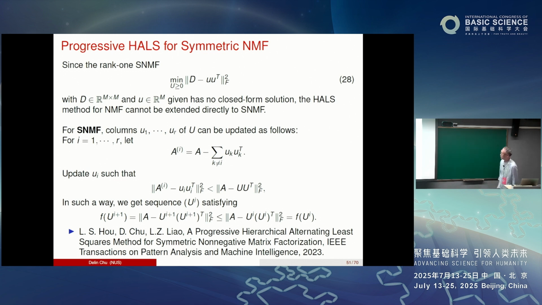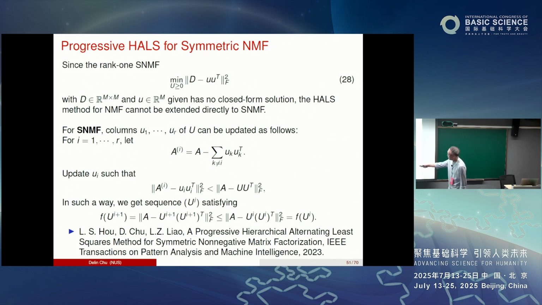Well, now what can we do? Now we consider the following idea. We update the columns of U, U1, U2, up to UR, as follows. For i from 1 to R, we denote Ai equal to A minus the summation of Uk Uk transpose, k not equal to i.